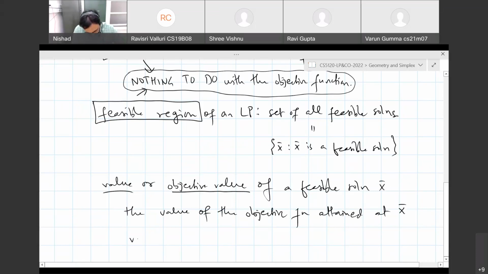Okay. So for example, in our case, the value of 1, 1 is equal to 3 because it's x1 plus 2x2.